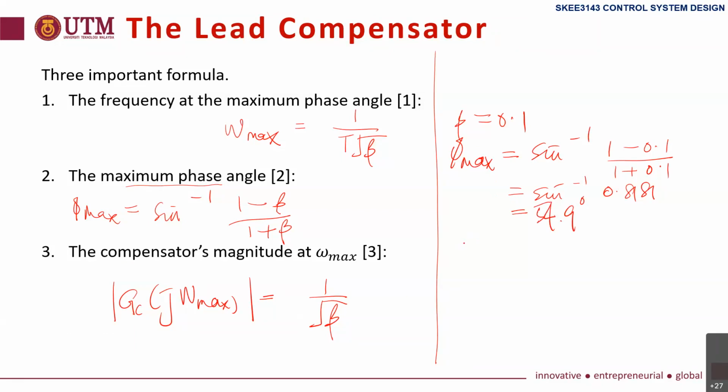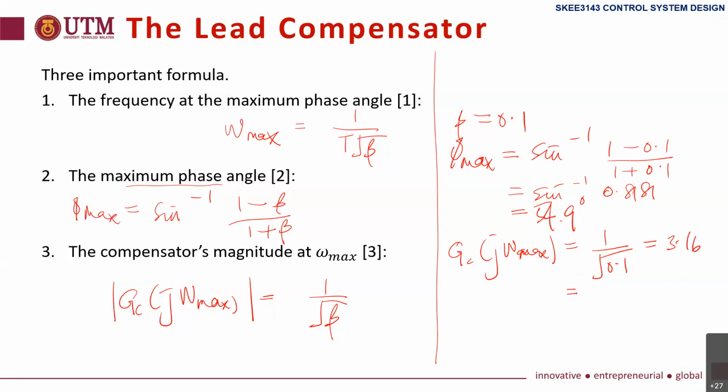And the magnitude, if we calculate here, at omega maximum it is 1 over square root 0.1, which is 3.16.